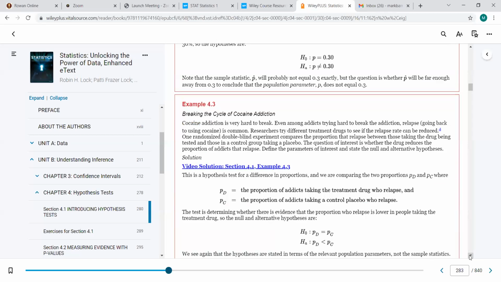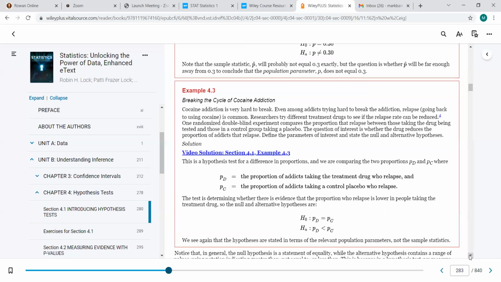All right. So this is another example. Again, just trying to give you some idea of the different types of examples we can see in hypothesis tests. Here's another example. It says cocaine addiction is very hard to break. Even among addicts trying to break the addiction, relapse, which means going back to using cocaine, is common, right? So researchers try to find different treatment drugs to see if the relapse rate can be reduced.